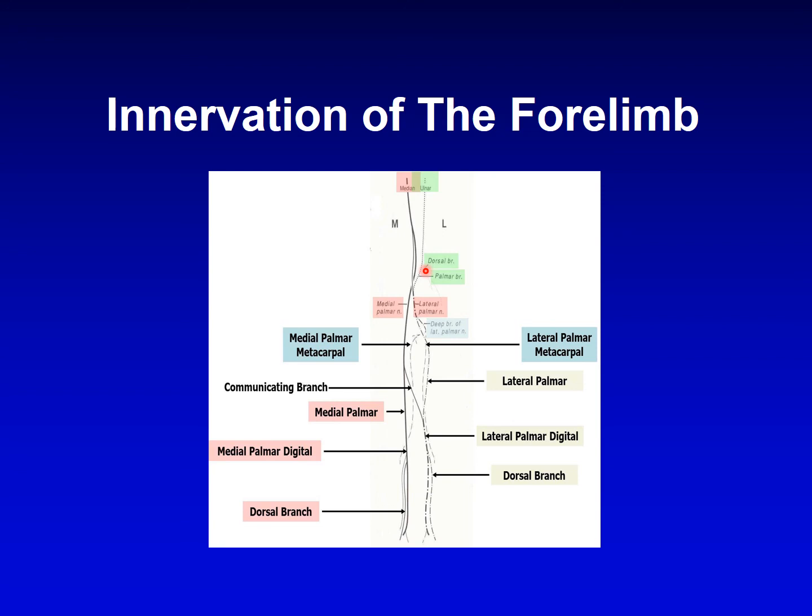Now, at the level of the carpus, the median nerve gives two branches: first the medial palmar, and then the lateral palmar nerves. The ulnar nerve, on the other hand, gives two branches, the dorsal branch and the palmar branch.